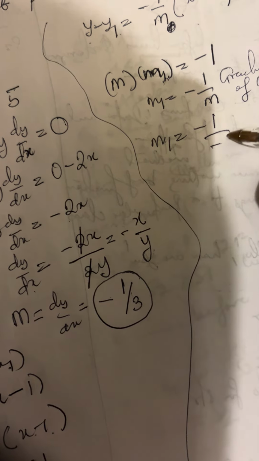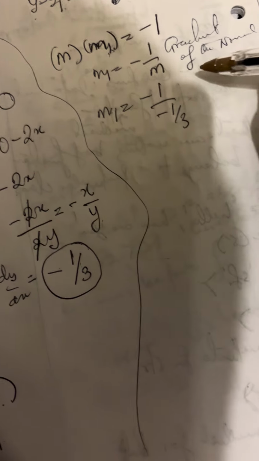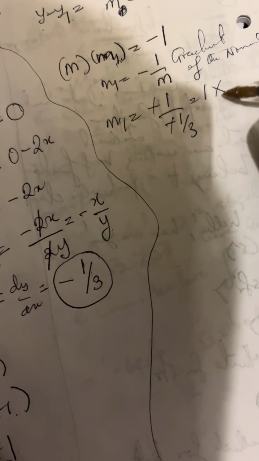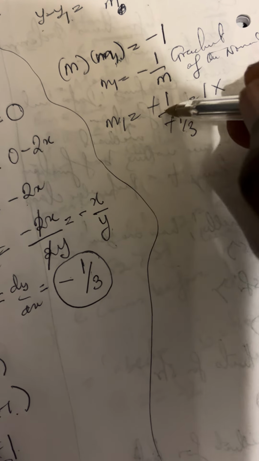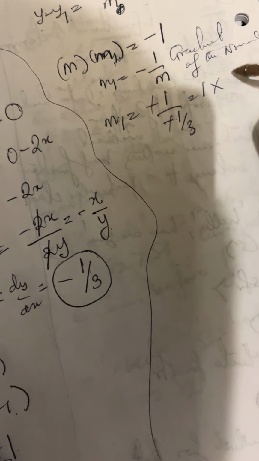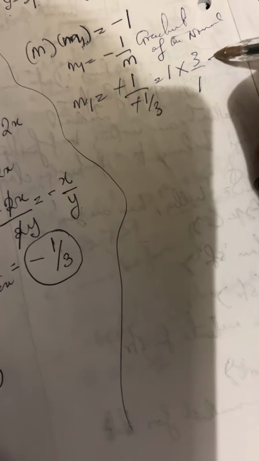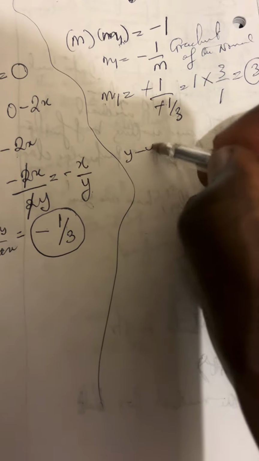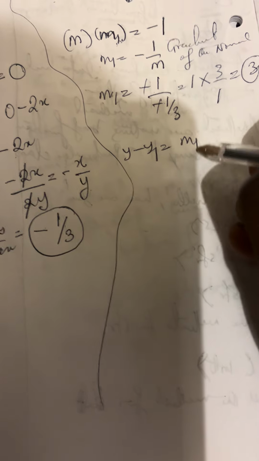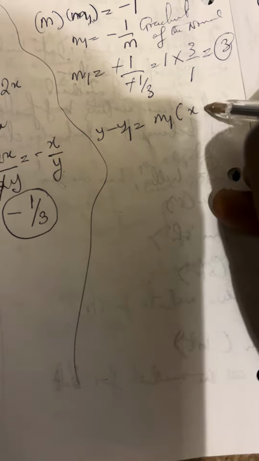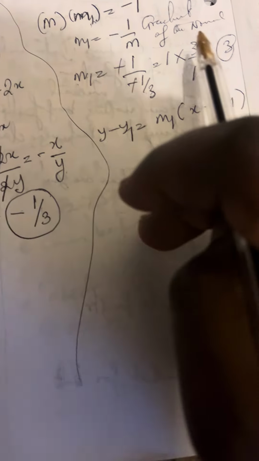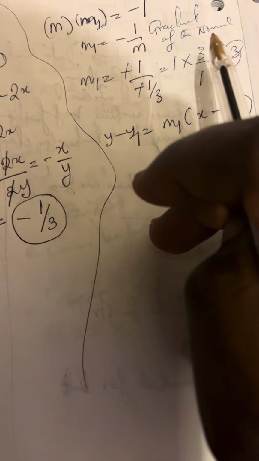So minus 1 over minus 1 over 3: minus cancels minus, the 3 comes up and the 1 comes down, 3 over 1. So m1 is equal to 3. We replace it and say y minus y1 equals m1 bracket x minus x1. This is the new equation of the normal.